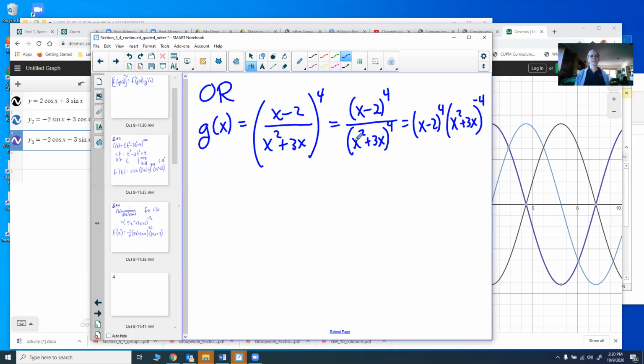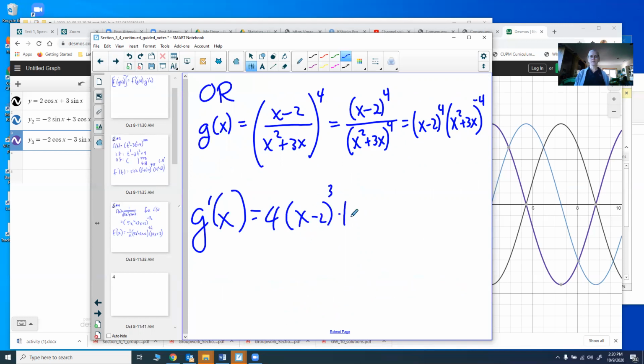Another way to do the problem is to actually, again, separate it like this, but then bring this one up to the top to make it a negative exponent. It took my quotient rule and made it into a product rule. So then when I'm going to do this, I now use the product rule. The product rule is the derivative of the first, which is 4 times x minus 2 to the 3rd, times the derivative of the inside.